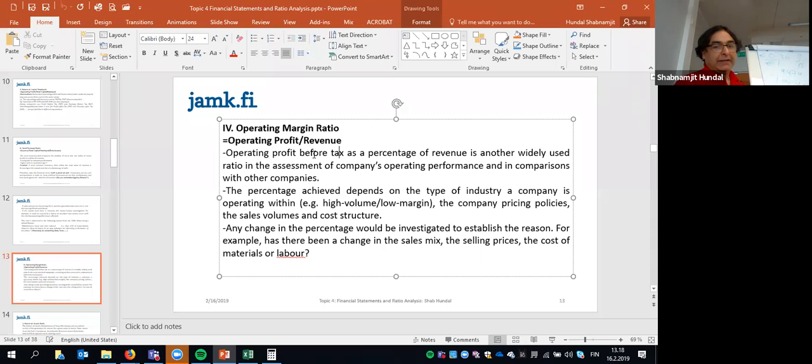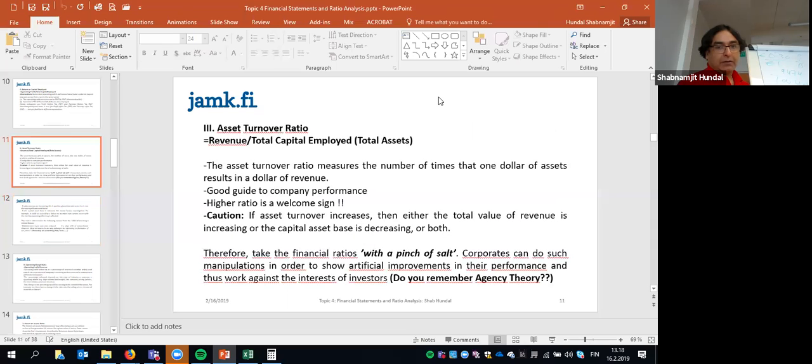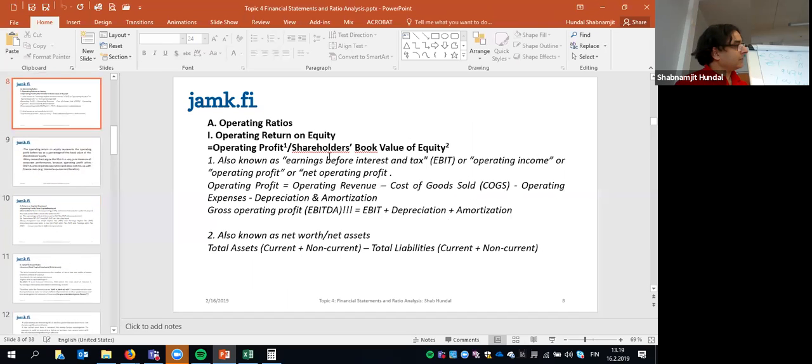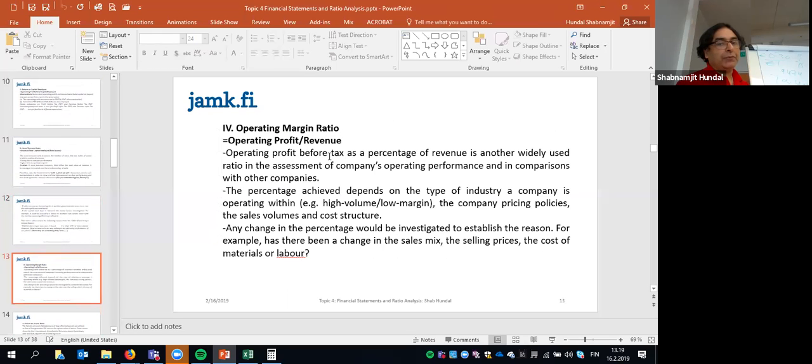Whereas in the previous three ratios, the numerator is from the income statement and the denominator is from the balance sheet. But here we are comparing revenue with another revenue. So within the same statement, we are making a comparison.